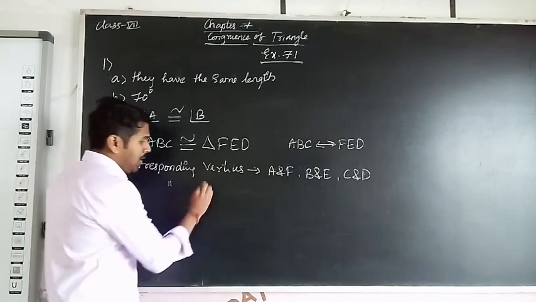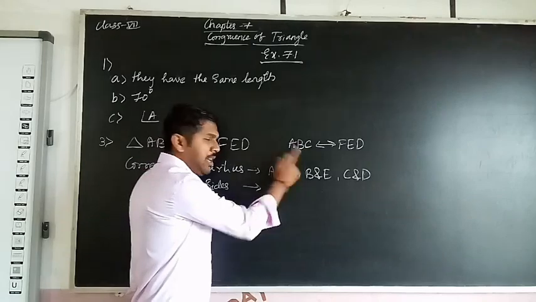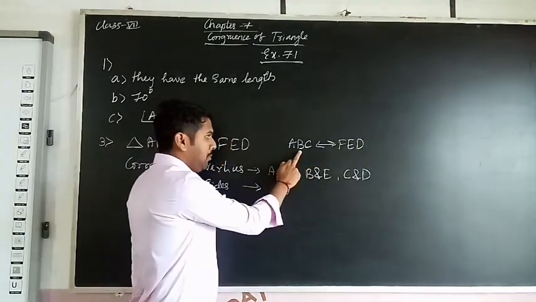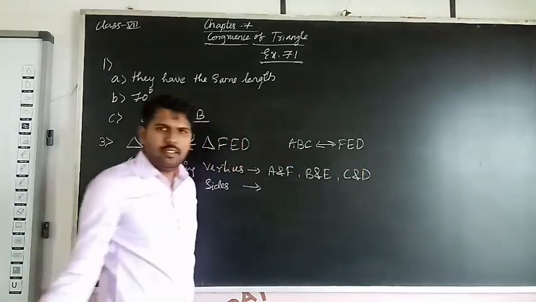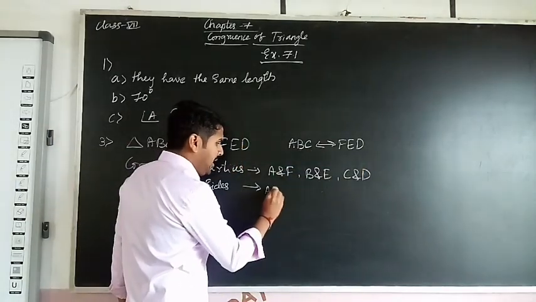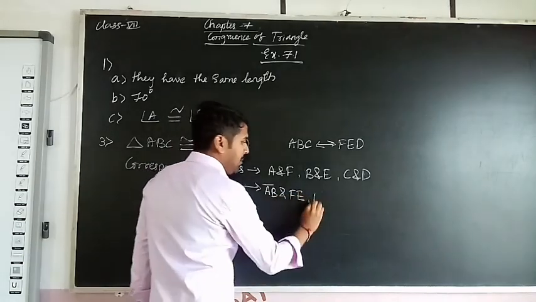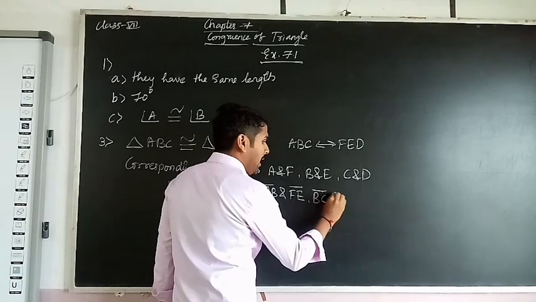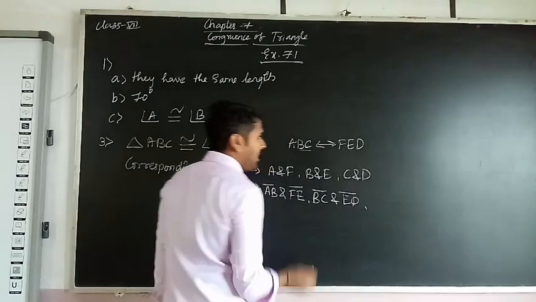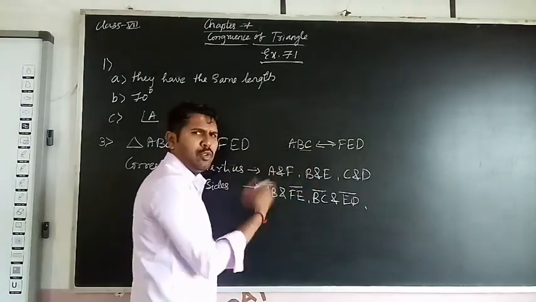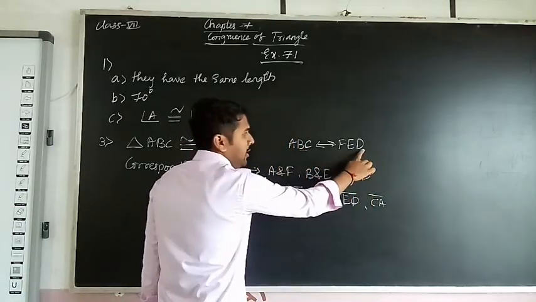Corresponding sides. Here they are AB and FE, BC and ED, and the last one CA or AC, both are the same, isn't it? CA and DF.